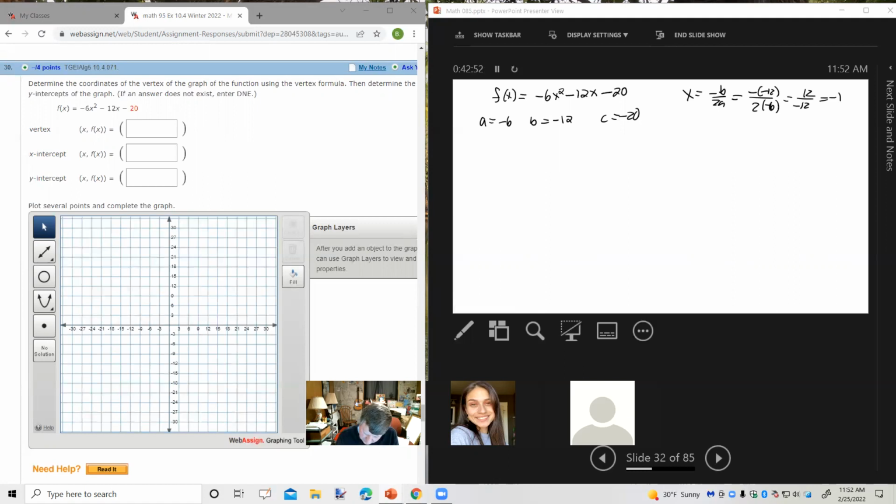Okay, so the vertex is at negative 1 comma f of negative 1.